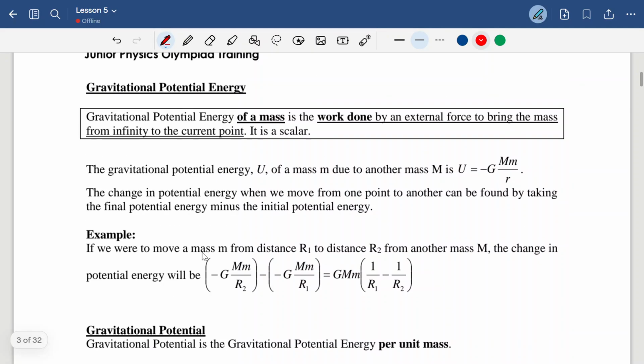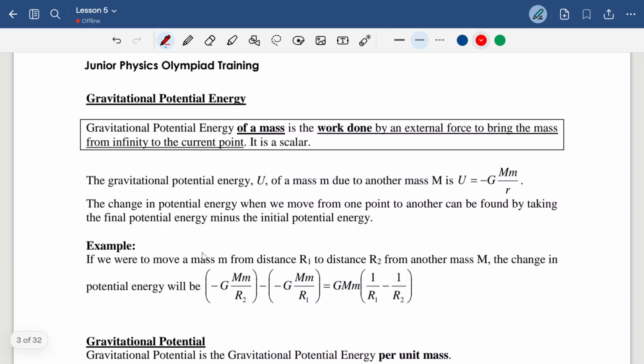Now, gravitational potential energy. What is the formula you learned at O levels? mgh, right? Now mgh has two conditions. Number one, it must be near Earth. Even if you're on a plane, you're still near Earth.